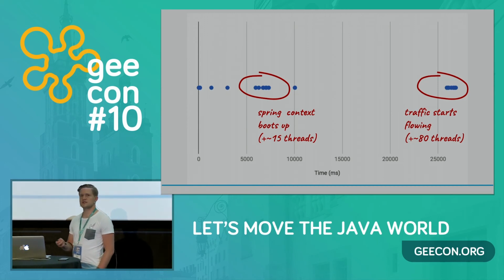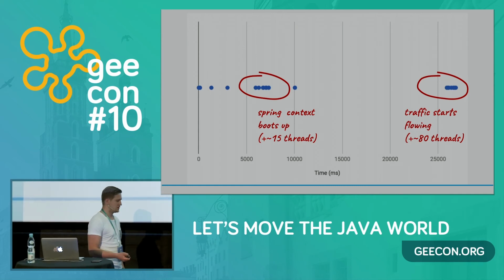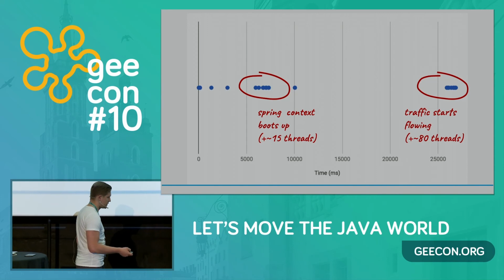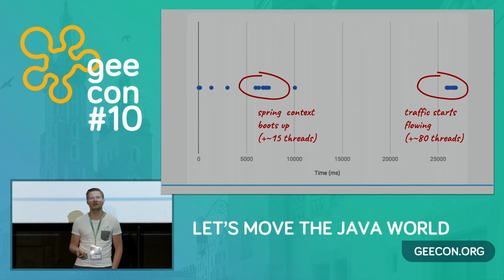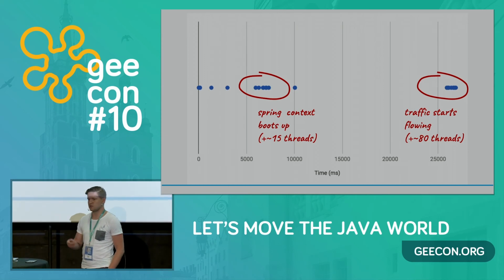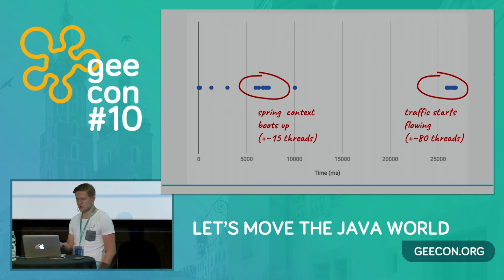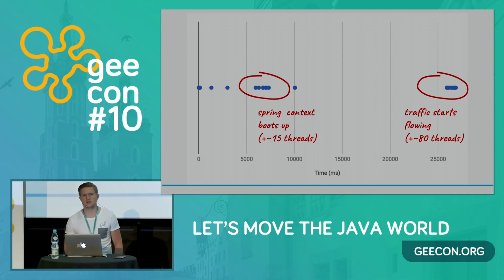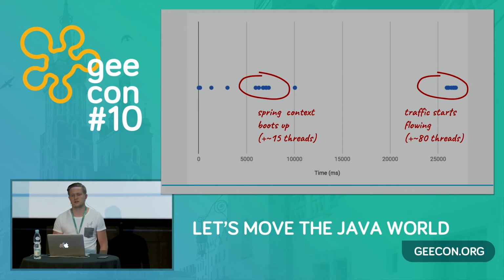Only once the traffic started flowing, the threads were created. And of course, creation of a thread is not instantaneous. It also takes some time. So in some applications, if you really care about warming up your application, it might be advisable to force pre-starting of the core threads.